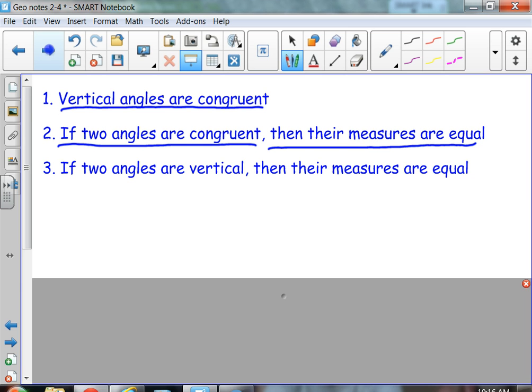Okay, if we have P, Q and R. All right, we say that P, two angles are vertical. And then Q says that they're congruent. And then R says the measures are equal.